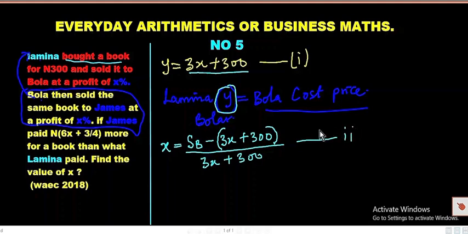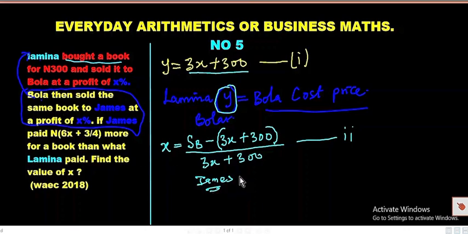Now, let's keep going. But at this point, there is another man, James. James did not make a profit. They didn't tell us the profit that James made, but there is something they said. If James paid, for you to pay, what does that mean? That means it's the amount you use for buying. So who is he buying from? He's buying from Bola.